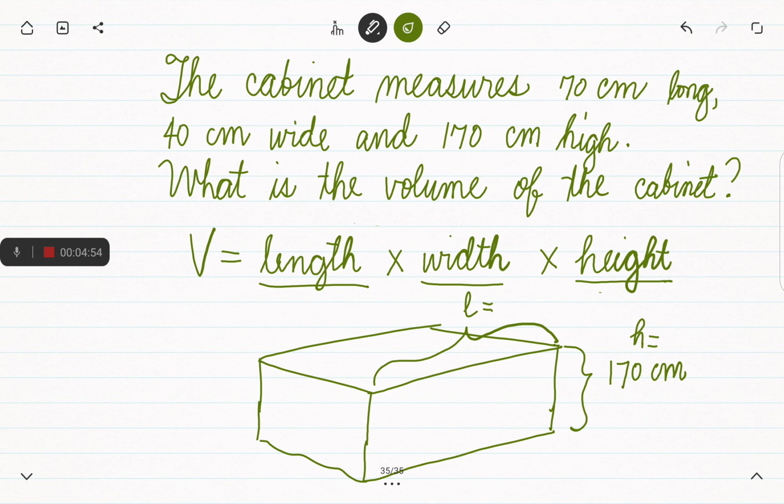The length is 70 centimeters. 40 centimeters. Now that you have the given, the length, the width, and the height, you can now actually solve the problem using the formula V is equal to length times width times height.